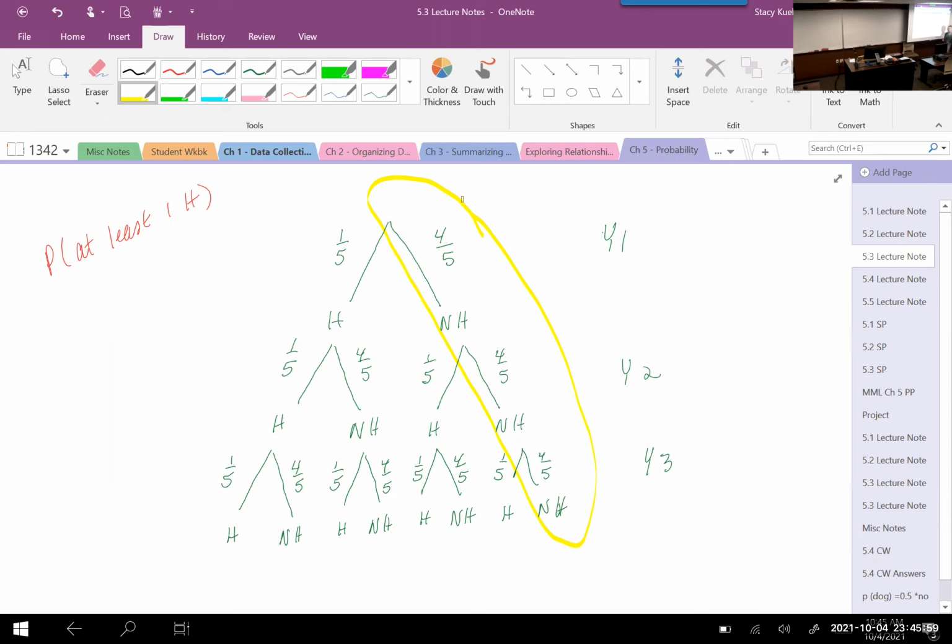All right, so what becomes easier on this type of a problem is, if I want to know what the probability is of at least one hurricane, maybe it would be easier for us to say 1 minus the probability of no hurricane, right? Rather than adding up everything that was not highlighted in yellow, maybe it would be easier to say 1 minus those things that didn't happen.